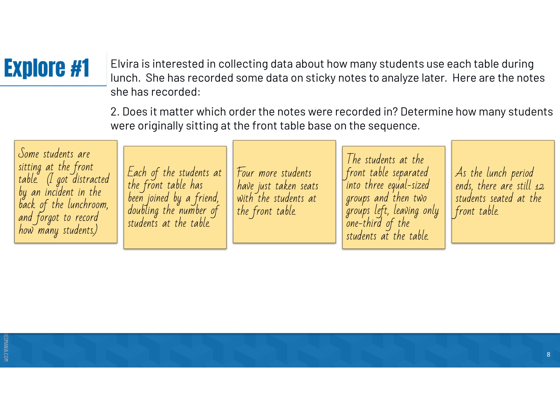And in math, when we don't know things, we define a variable. So we always have to define a variable. I'm going to say, let x equal the number of students sitting at the front table.